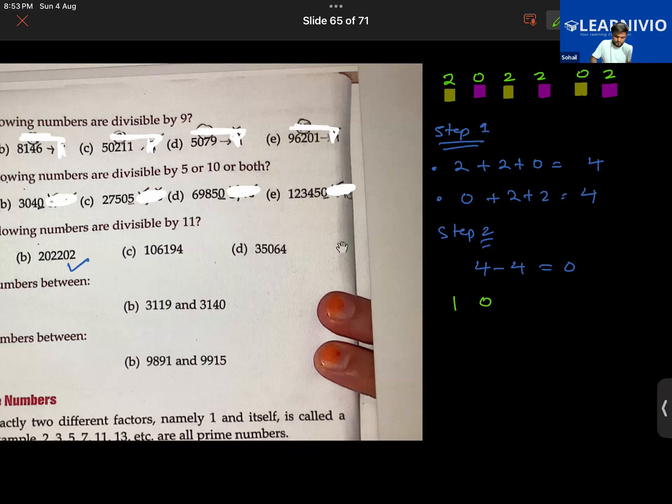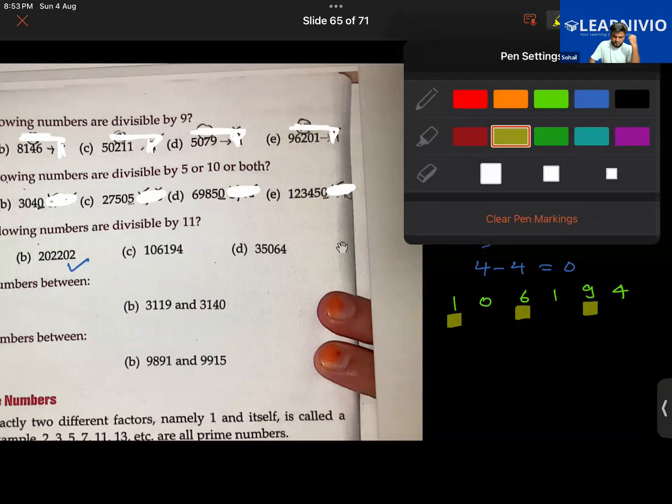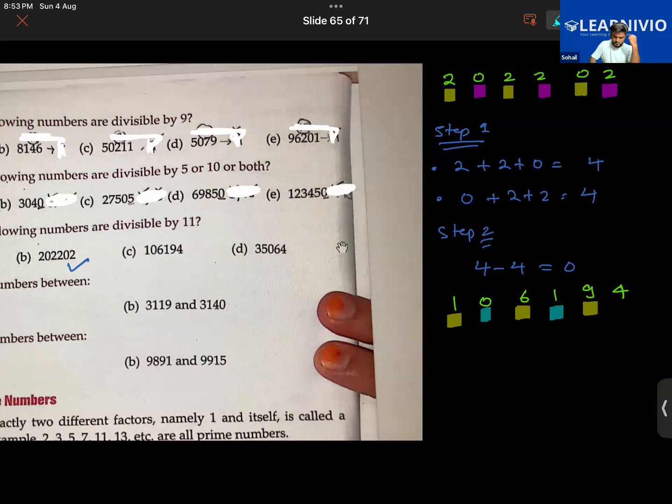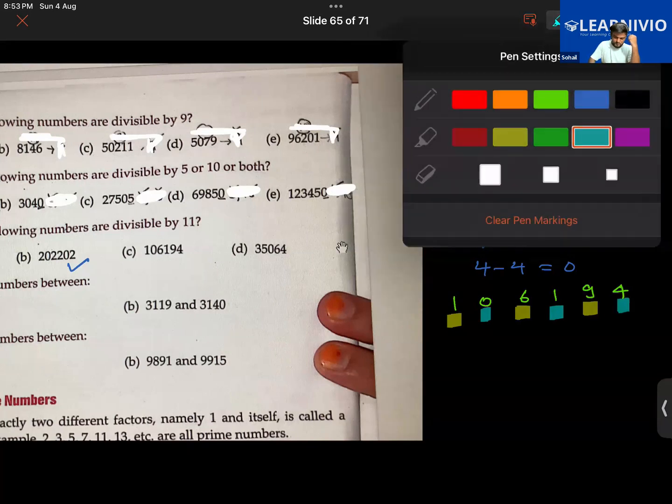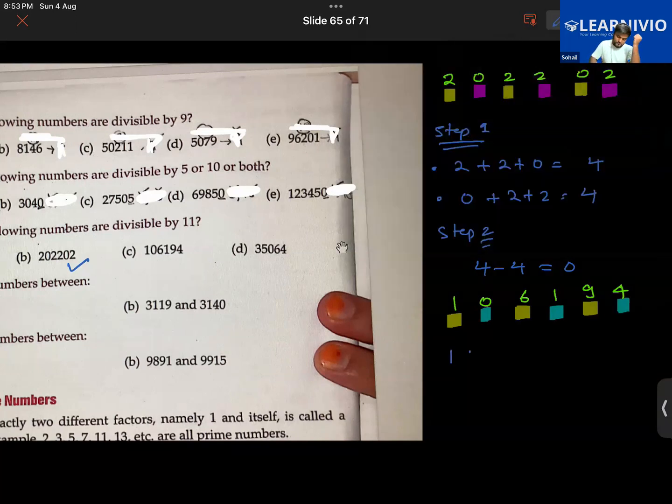Sir, next one is not divisible. Okay, what is the difference you are getting? I got difference 10.